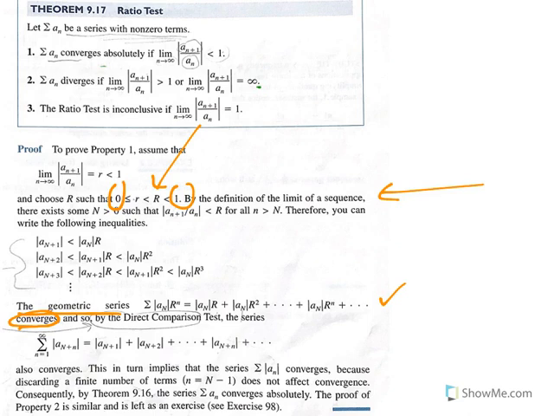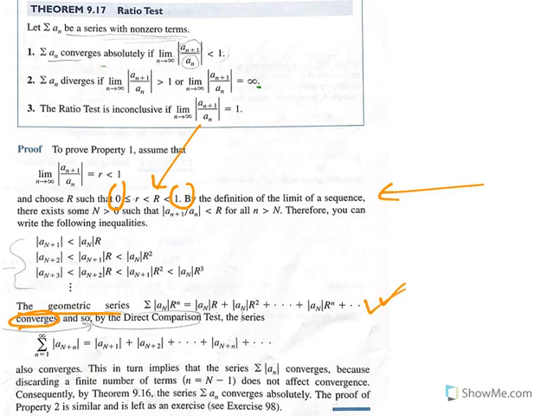And now we're going to employ the direct comparison test to reach a conclusion about another series. The direct comparison test states that if you have two series whose terms are positive and the terms of one series are smaller than the corresponding terms of a series that is known to converge, then the series we're considering must also converge.